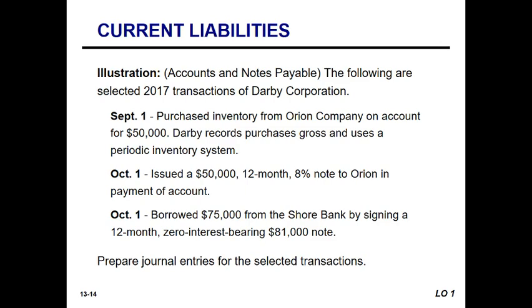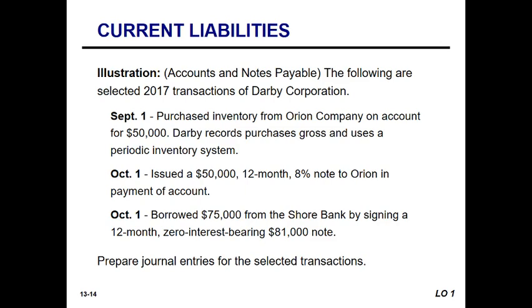Darby purchased inventory from Orion Company on account for $50,000. They record the purchase gross, and they use a periodic inventory system. Then on October 1st, Darby Corporation issued a $50,000 12-month 8% note to Orion in payment of the account. And then they borrowed $75,000 from Shore Bank by signing a 12-month zero interest bearing $81,000 note.